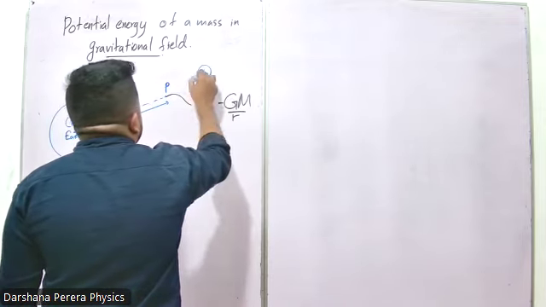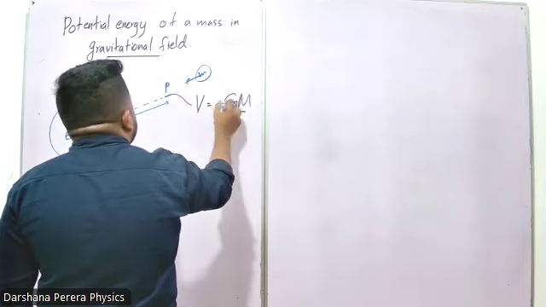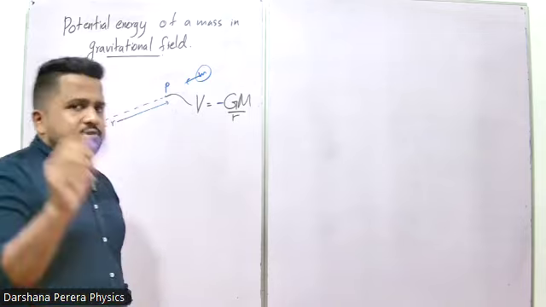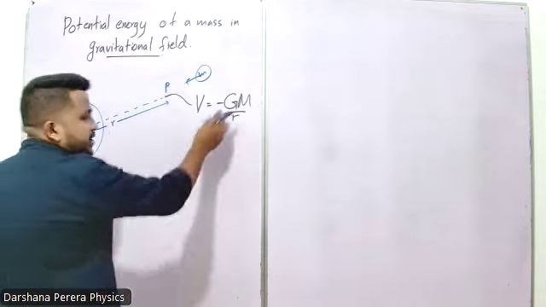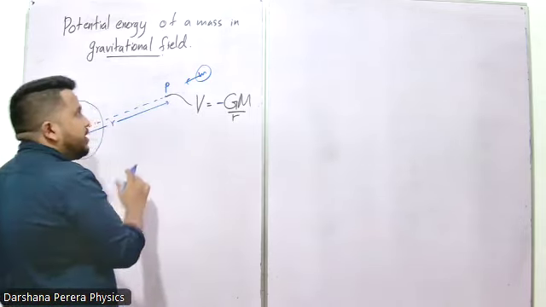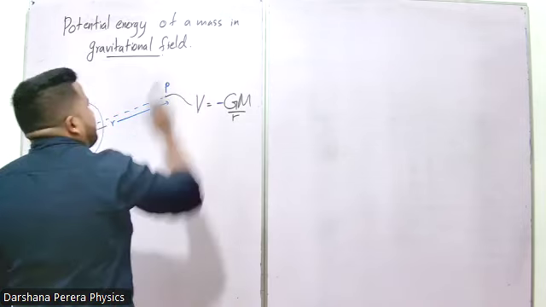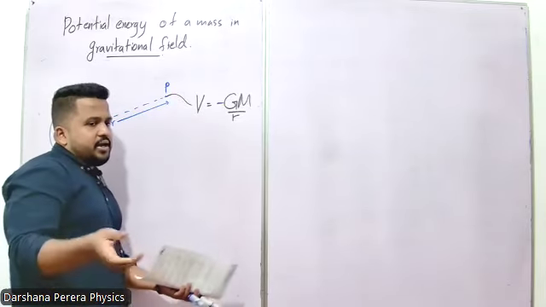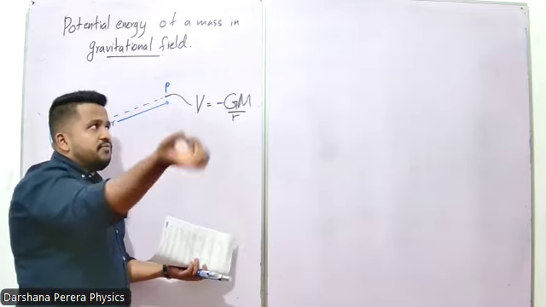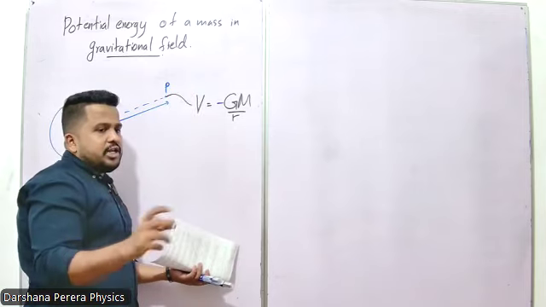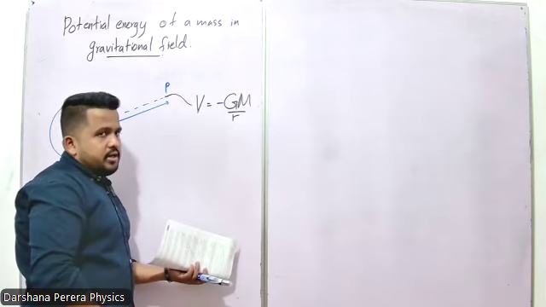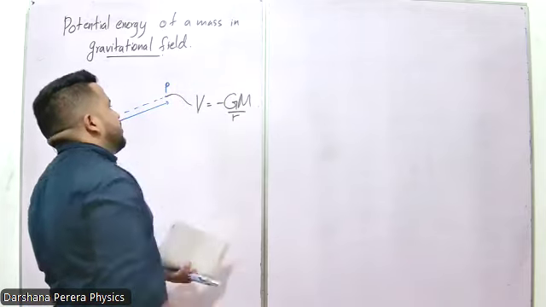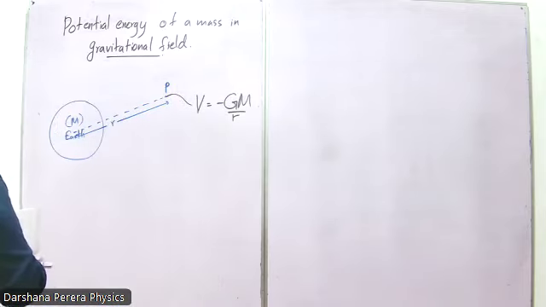That is why we use the minus sign: the work done is negative, because this work is done by gravitation. So the potential is the work done to bring the unit mass from infinity to this point.